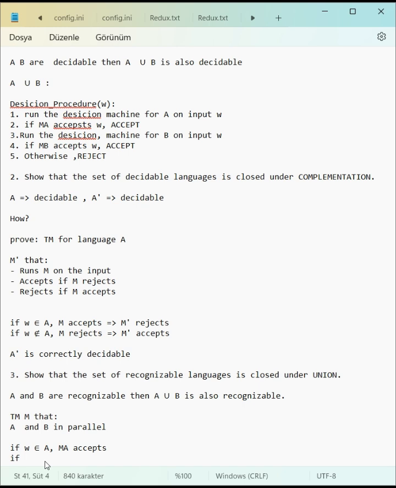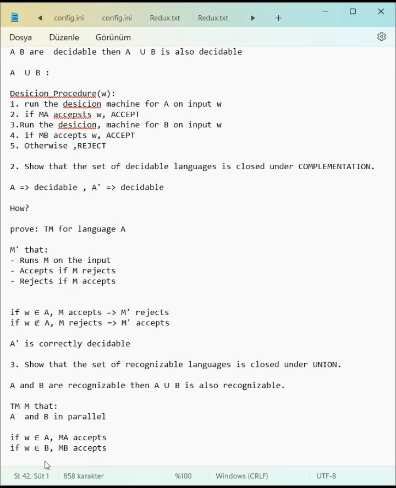If w is an element of B, B also accepts. And if w is not an element of A and not an element of B, it may run indefinitely.